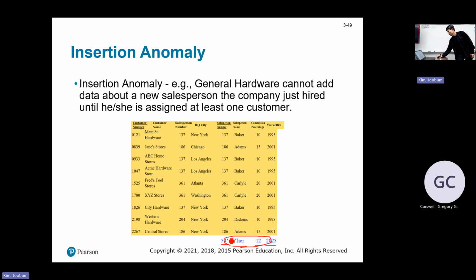In order to insert Third, we need additional values about his customer. If not, we cannot add Third into the table. So we have to wait until a new customer is assigned to Third. After that, we are able to add him in this row. A little bit weird. It is called the insertion anomaly.